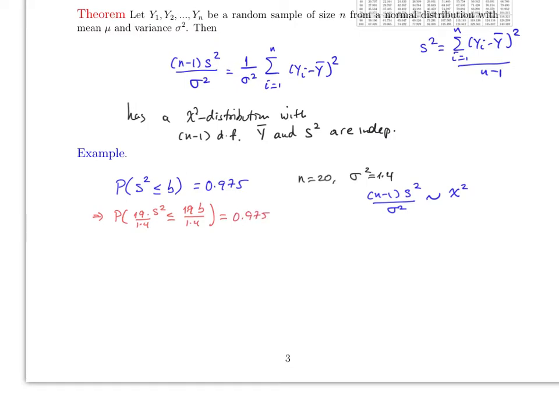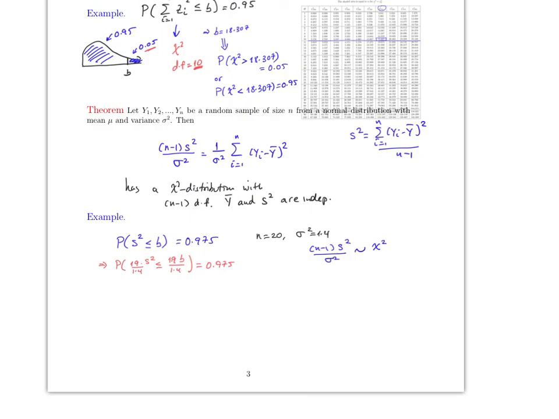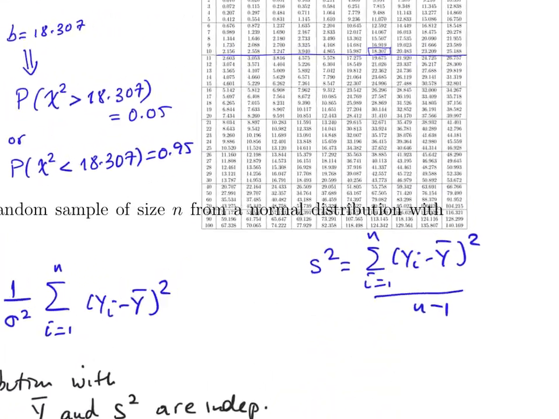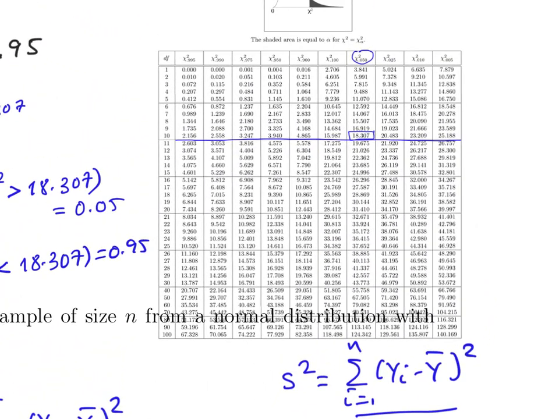So then if we look at the table, which we have here, now we have 19 degrees of freedom. So 19 is this one right here, and you want the area to the left to be 0.975. That means the area to the right has to be 0.025, which will give you this value right here, because remember, this table only gives you the area to the right.